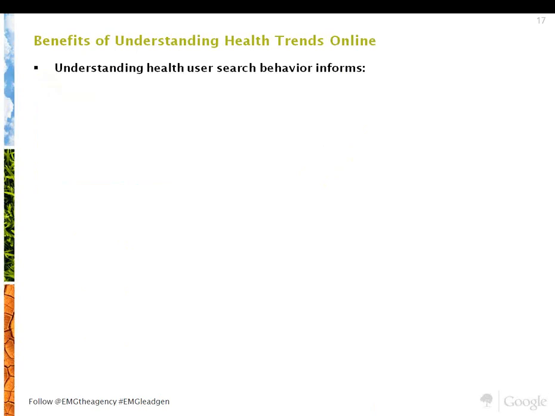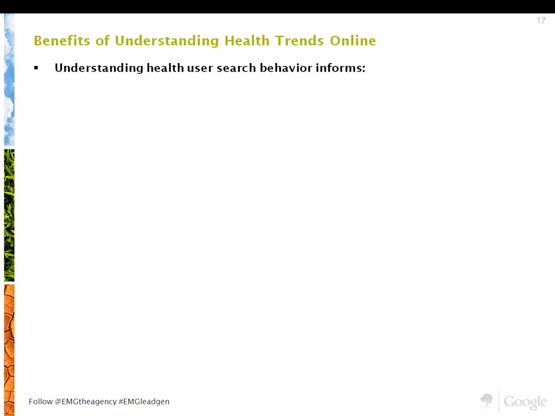Now, that was a lot of stats and trends to remember, but don't worry, these slides will be available for download after the presentation, so you don't have to write down all those percentage numbers. But we do want to hone in on the benefits of understanding health trends online.